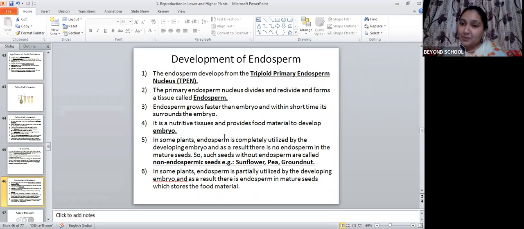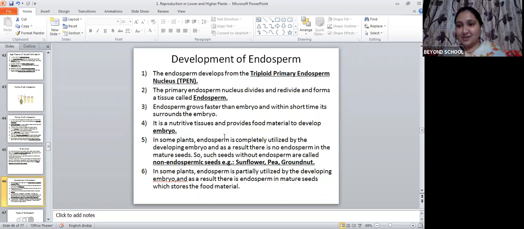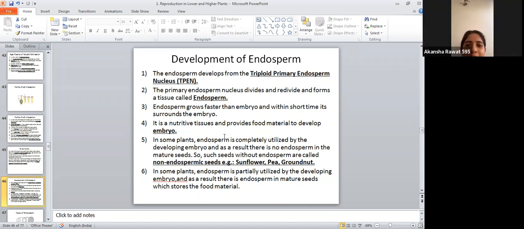What are the examples? The examples are sunflower, pea, green pea, and groundnut. Understood? Why is this non-endospermic? Because the endosperm has been fully utilized by the embryo.